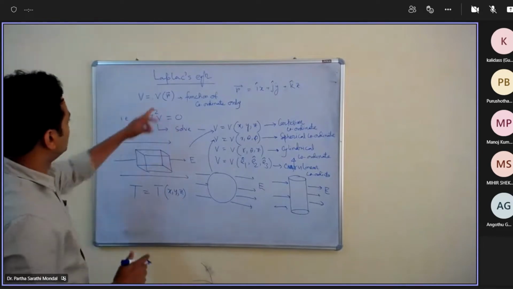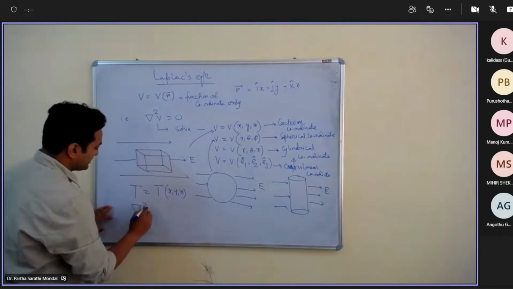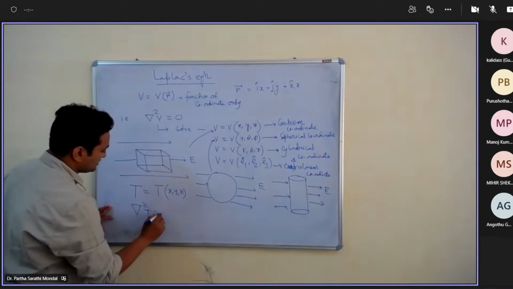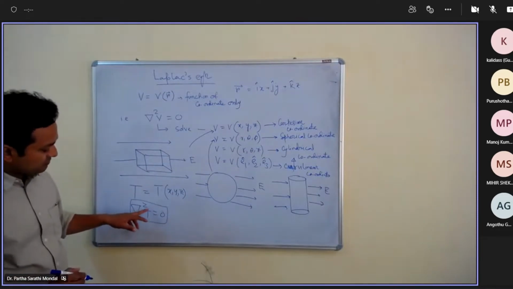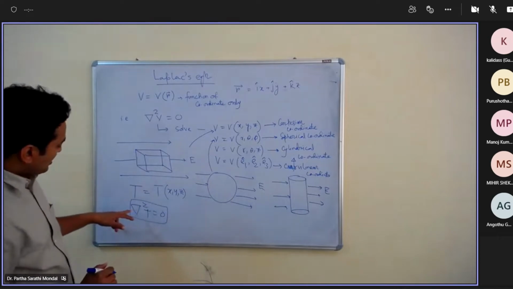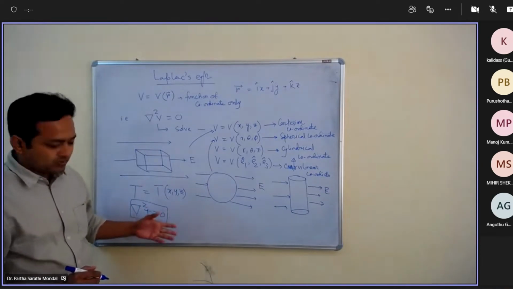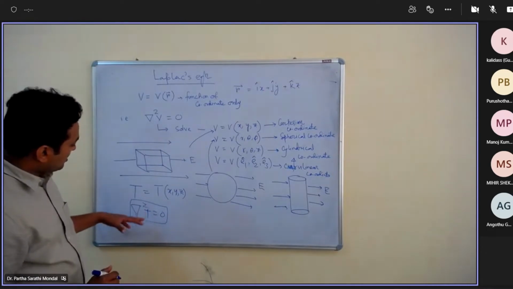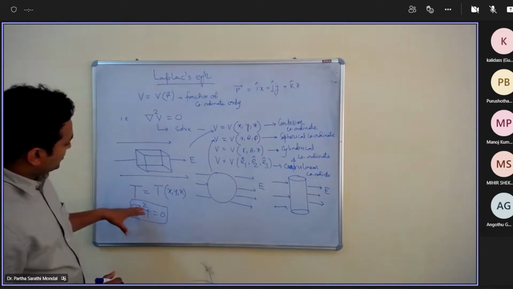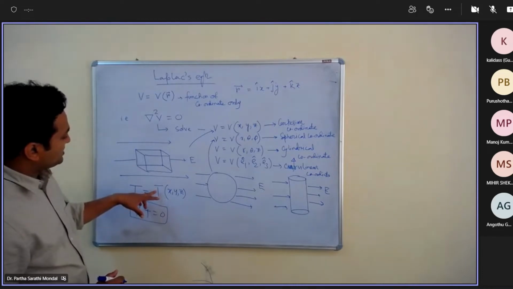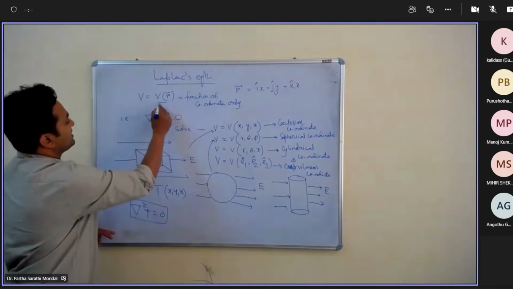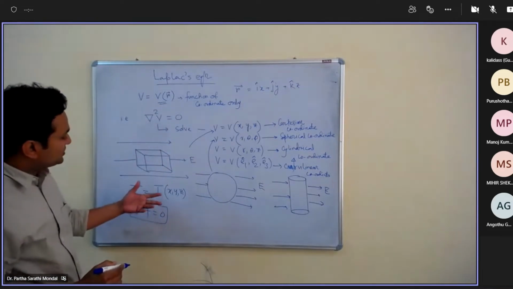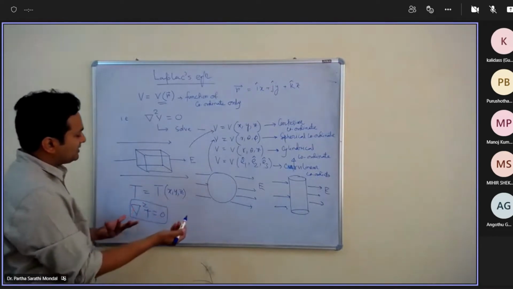You can use this equation, del square T equal to 0, to find the temperature distribution. Maybe this might be much more interesting for the mechanical people, to solve this Laplace equation for the temperature function, not the potential function, but they behave the same because mathematically they are the same.